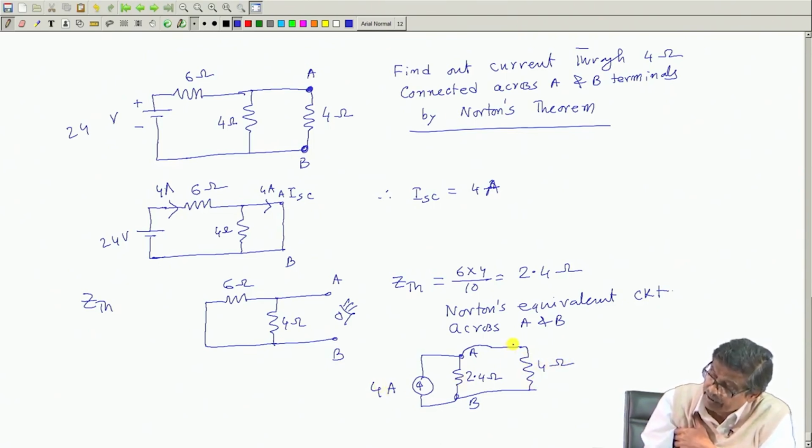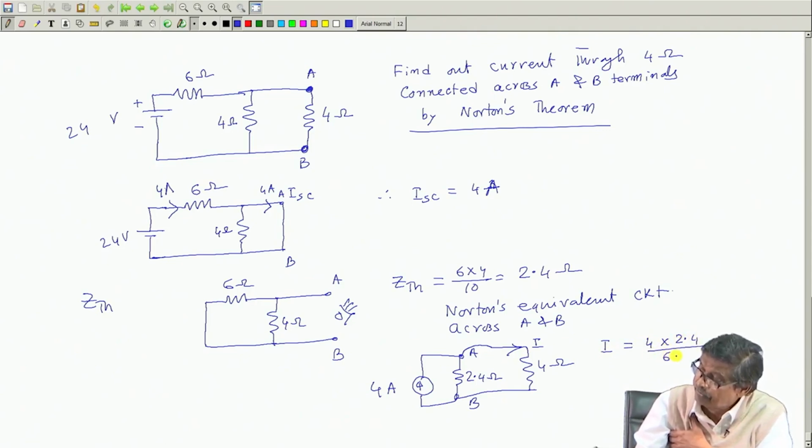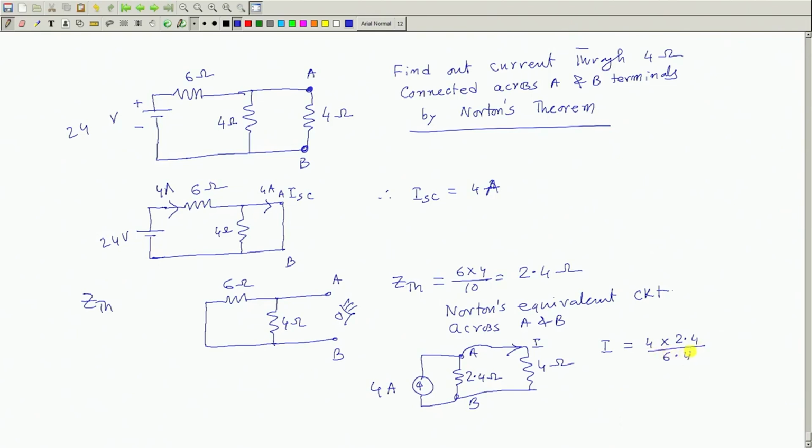So, what will be the current? This current I, how much it will be? I will be equal to 4 ampere into 2.4 divided by 6.4. It is coming the same. How much?